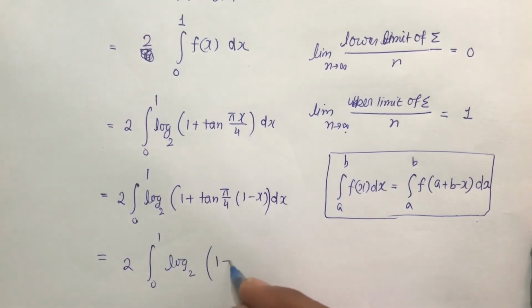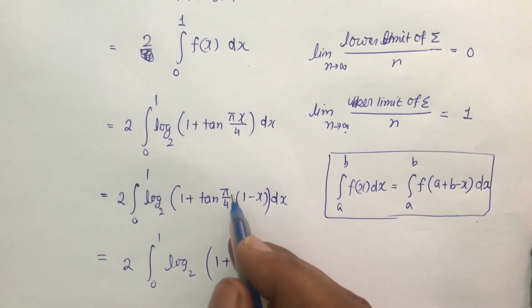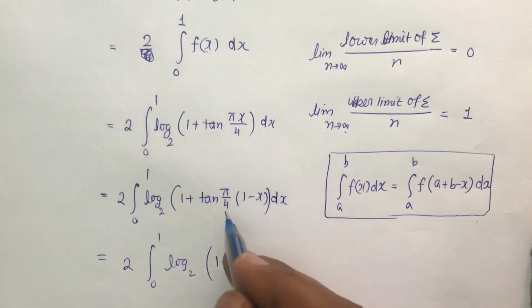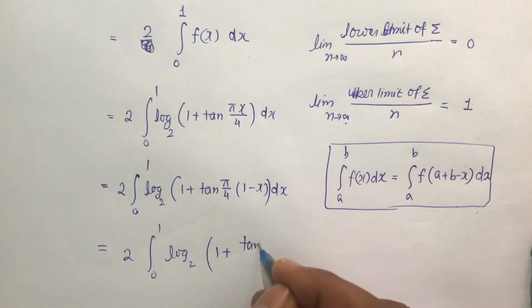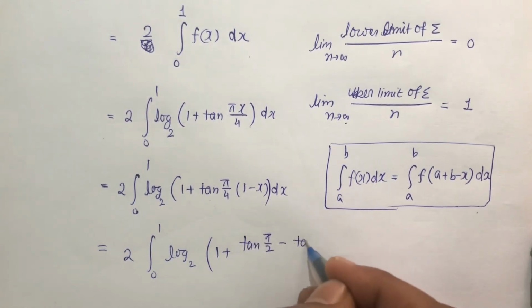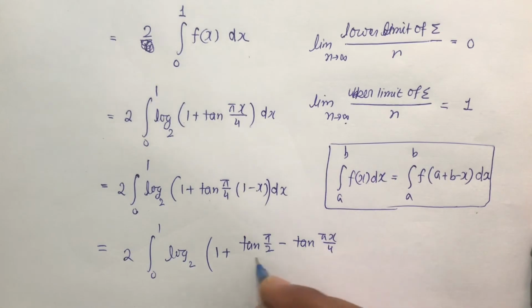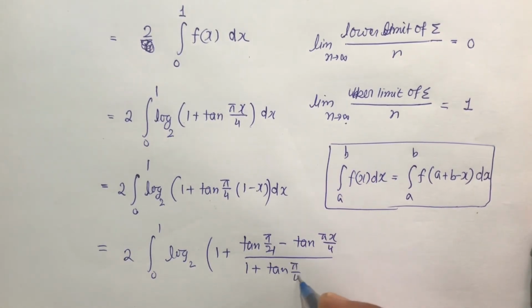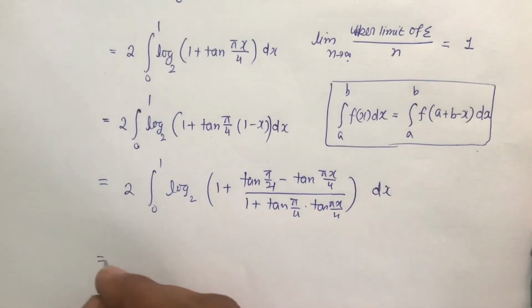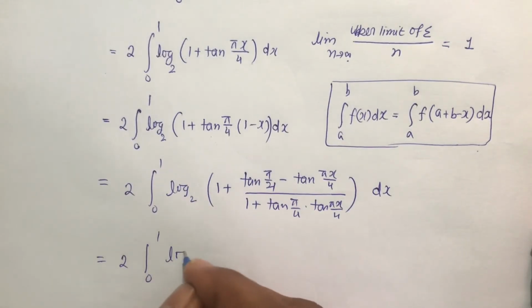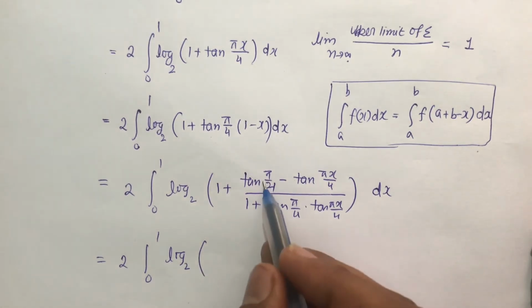This is basically 1 plus tan(pi by 4 minus pi x by 4). So tan a minus tan b upon 1 plus tan a tan b. So tan(pi by 4) minus tan(pi x by 4) upon 1 plus tan(pi by 4) into tan(pi x by 4), dx. So this will become twice the integral from 0 to 1 of log base 2 of 1 plus (1 minus tan(pi x by 4)) upon (1 plus tan(pi x by 4)).